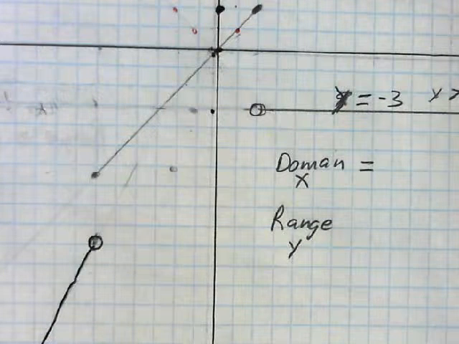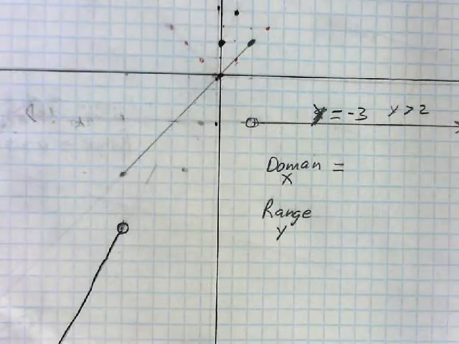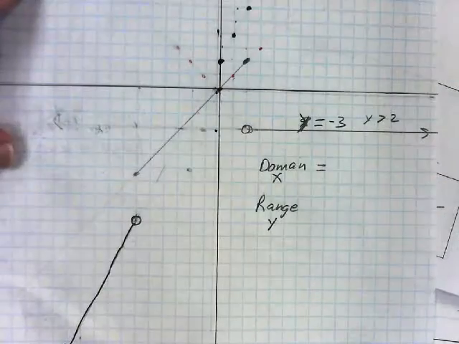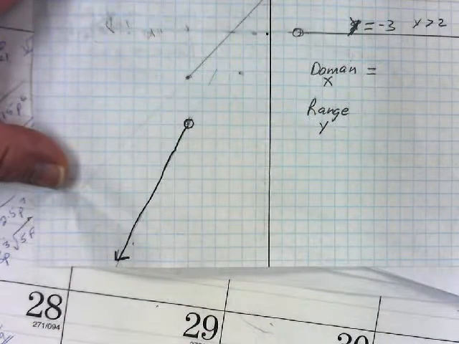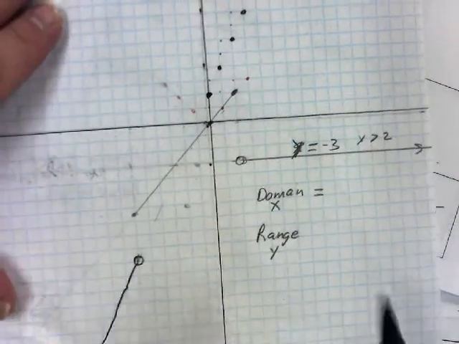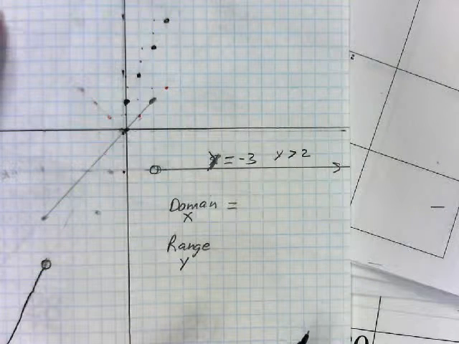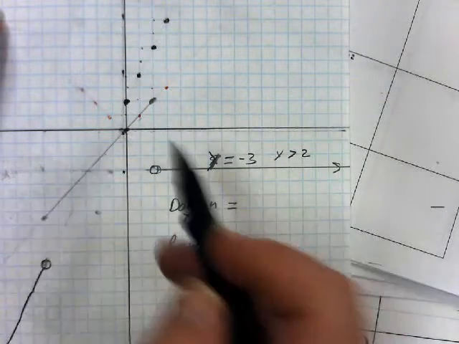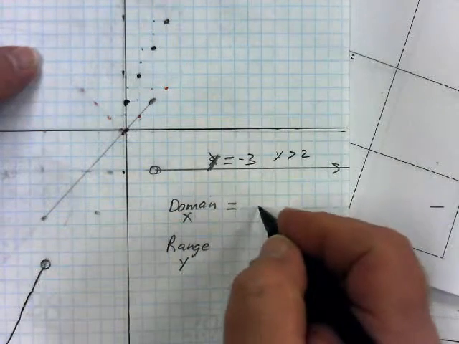If I looked at the whole thing, doesn't my x value keep on going because this graph keeps on going? So it starts at negative infinity. What's the biggest x value it would ever be? It goes to the right forever, doesn't it? So I would say that my domain is all real numbers.